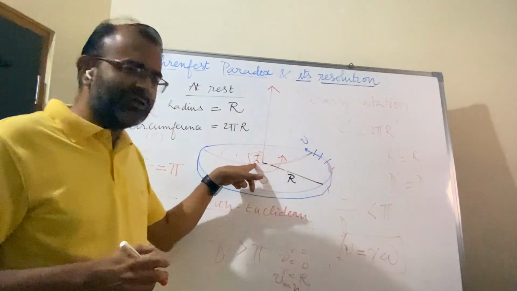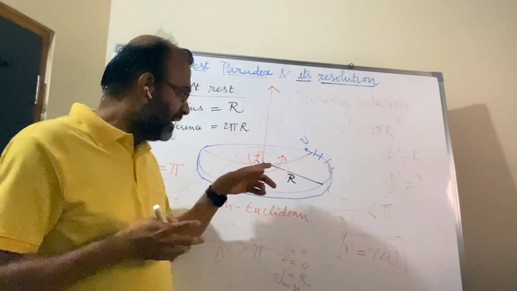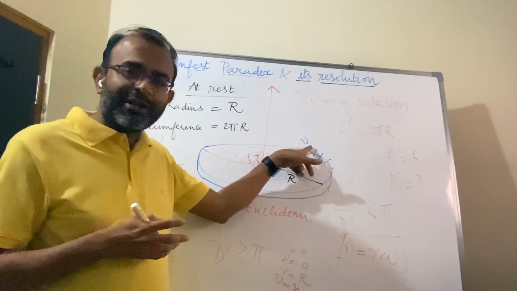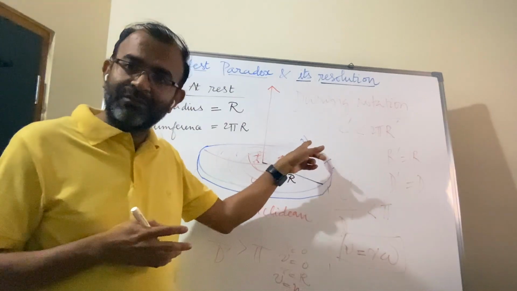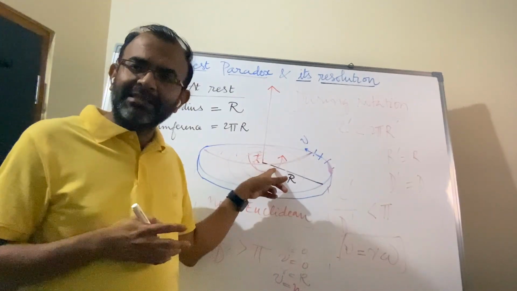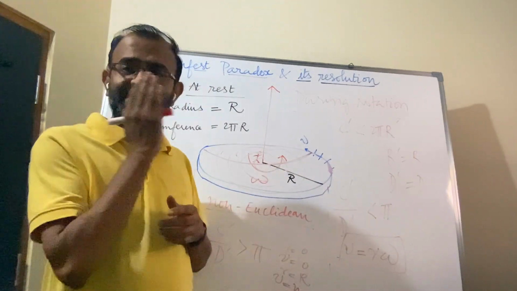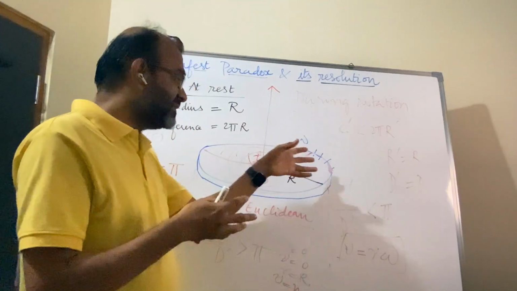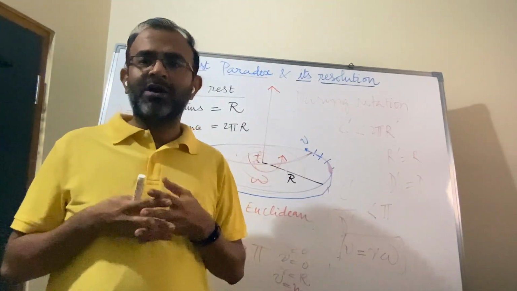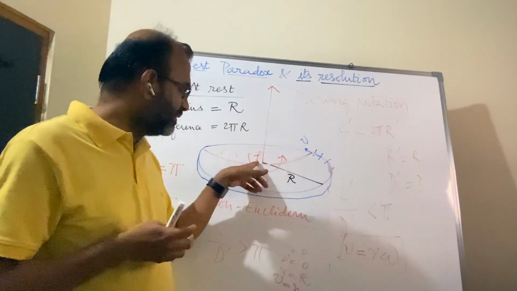So if we place an observer here, he might see some effects of length contraction in a direction parallel to the direction of motion, that is along the periphery or circumference of the disk, but he would see that there is no contraction of length along the radial direction, because that is perpendicular to the direction of motion. So the radius is not shrinking, but the circumference is shrinking. That is what this observer should feel, or would see.